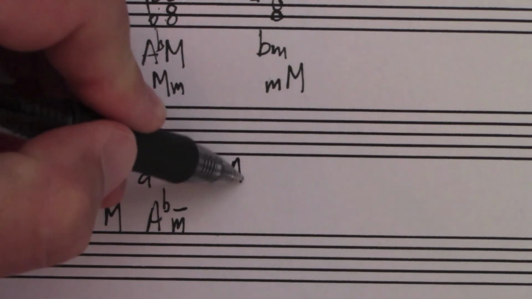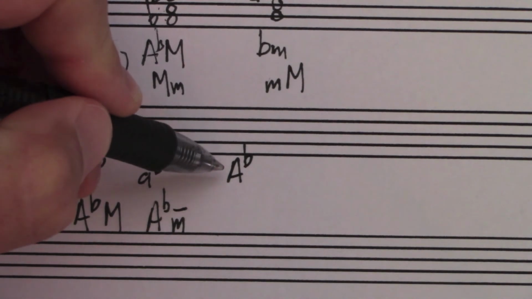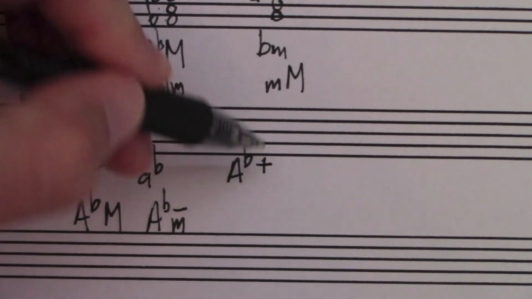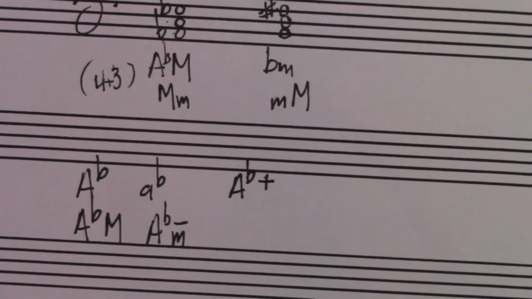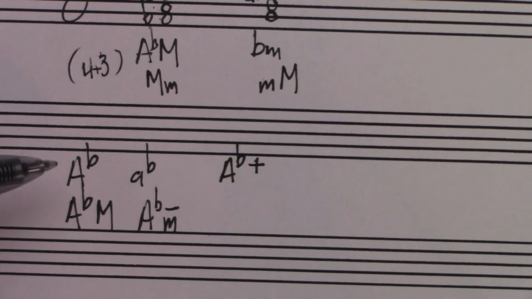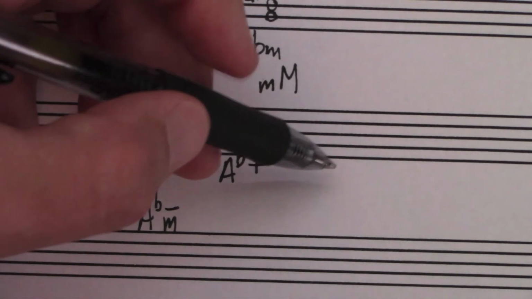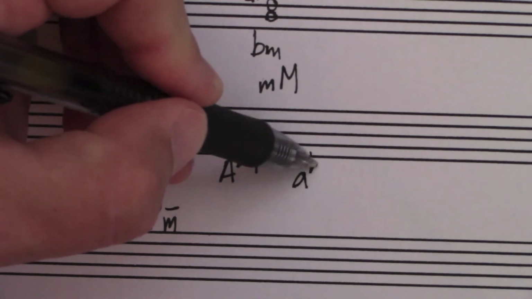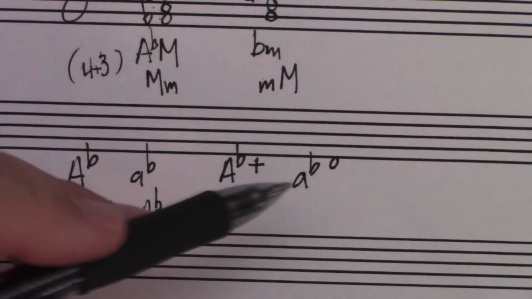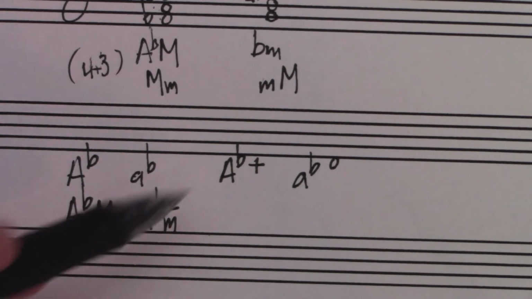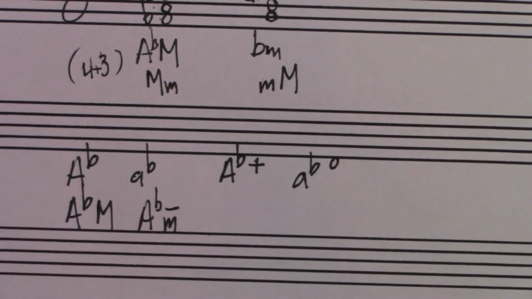Augmented, well, it's like major, so it's usually an uppercase, and the symbol for augmented is a plus sign. So that's A flat augmented. A flat diminished, I usually do it as a lowercase, but diminished is a degree sign. Okay, so major, minor, augmented, diminished.